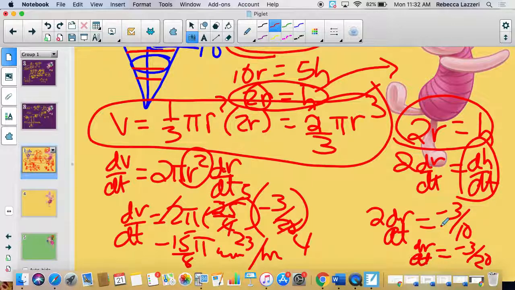You'll see problems, and I might assign you some in the book, where it says find dr/dt, and later on it asks to find dh/dt. I myself worked dr/dt, and then when I was in college and I got to the B part, I did it all over again with dh/dt, not realizing I could just bank on that proportion. Once I knew dr/dt, all I had to do was double it to get dh/dt, okay? So that proportion is a big deal.